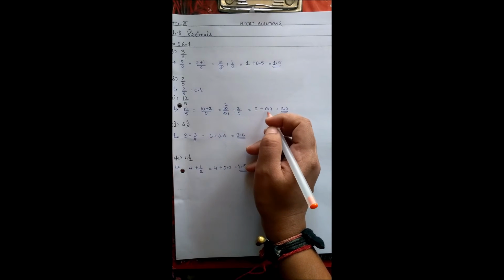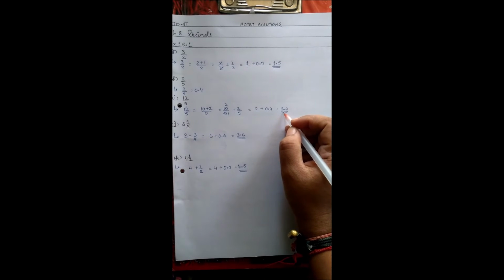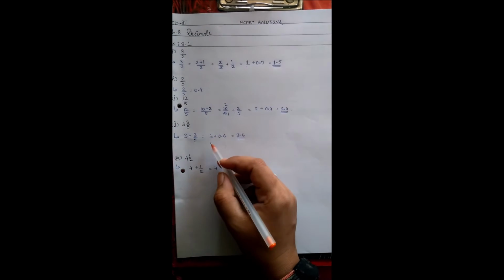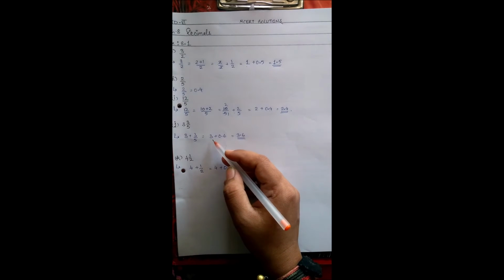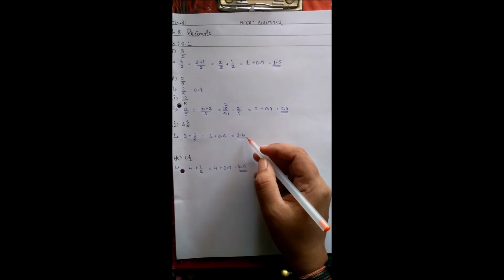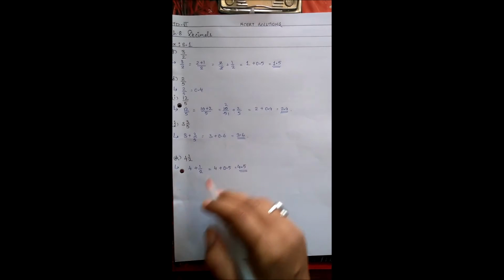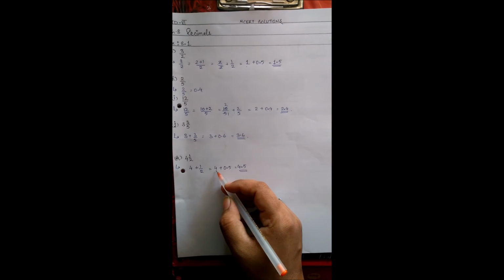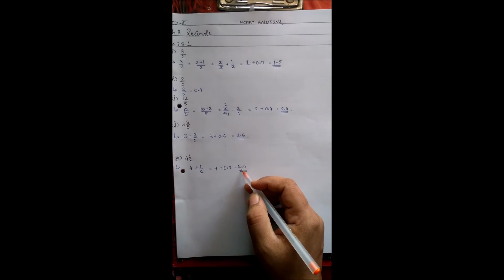So it is 2 plus 0.4. It is 2.4. 3 and 3 by 5 can be written as 3 plus 0.6. That is 3.6. 4 and 1 by 2 can be written as 4 plus 0.5. That is 4.5.